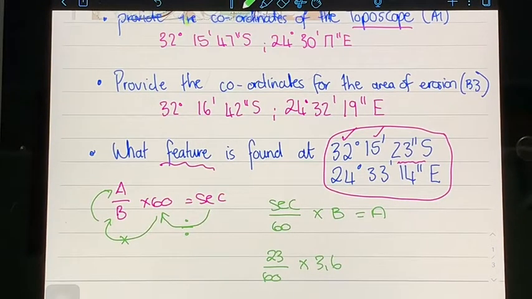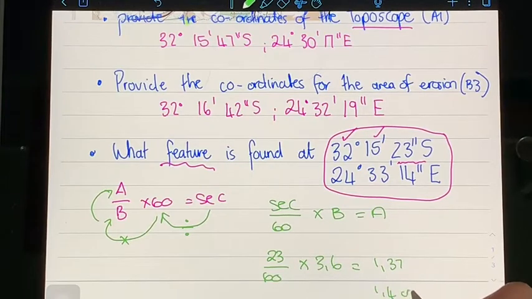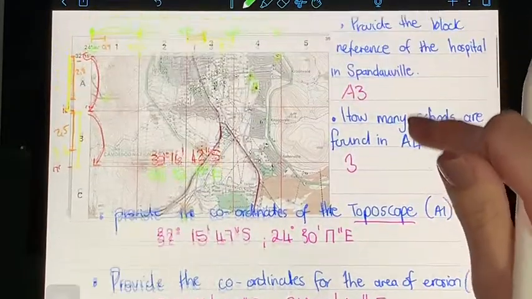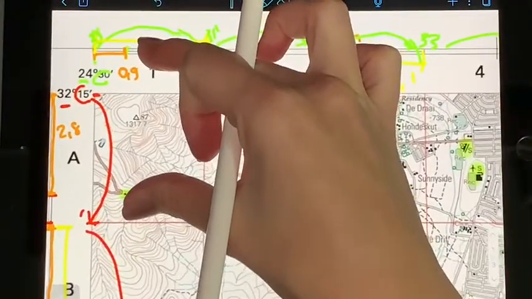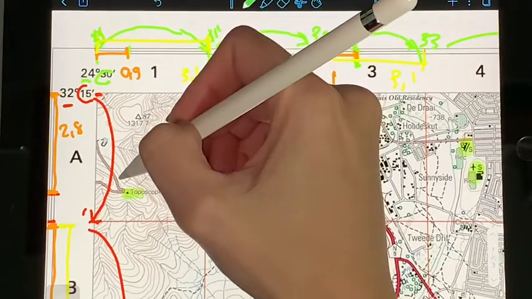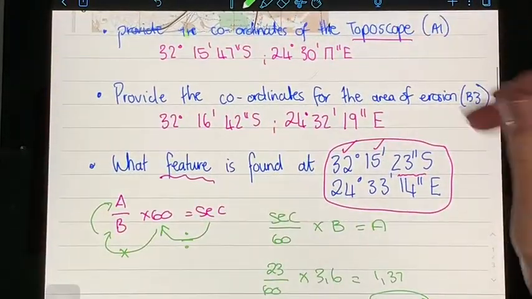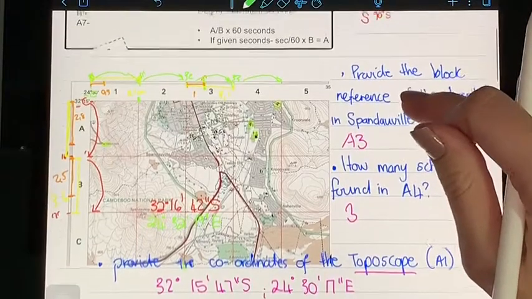So on the calculator, I'm going to say 23 divided by 60 times 3.6, and that gives me 1.37, which really means that you can measure 1.4 centimeters from the start of the 15-minute line to find A. So from the start of the minute line there, you measure down 1.4 centimeters, and that gives you the marking of where A is.